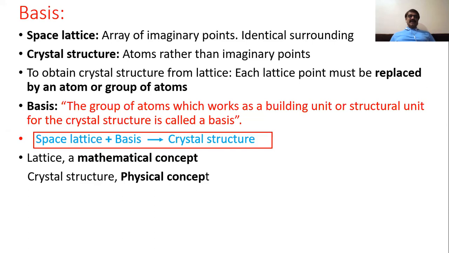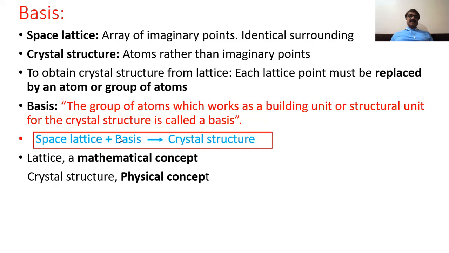In this way, in a space lattice, we simply put a basis. That means every imaginary point in the space lattice is replaced by a group of atoms called a basis, and we obtain a crystal structure. Okay, so space lattice plus basis gives rise to crystal structure. That can be understood from this mathematical relationship.